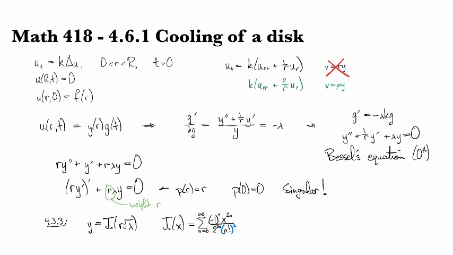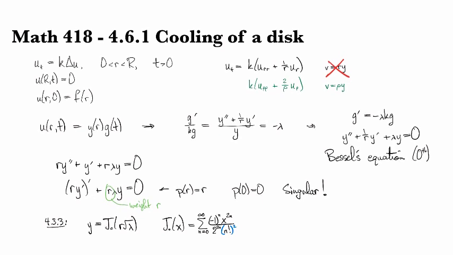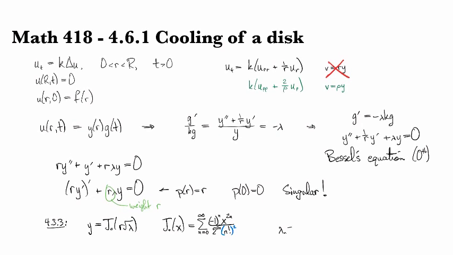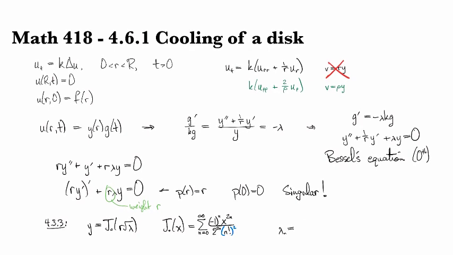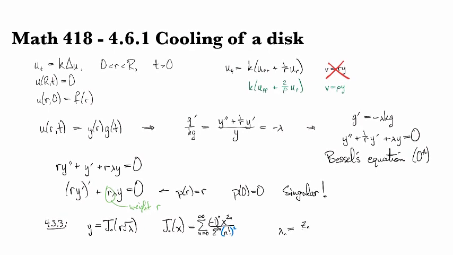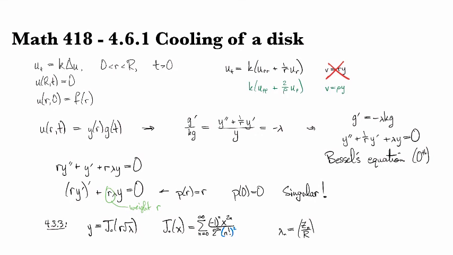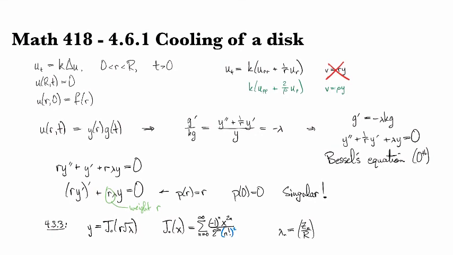Okay, and so it turns out that the eigenvalues are found by looking at the zeros of J naught. And so lambda is that quantity squared.